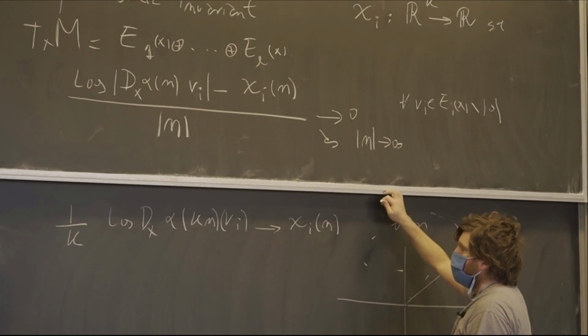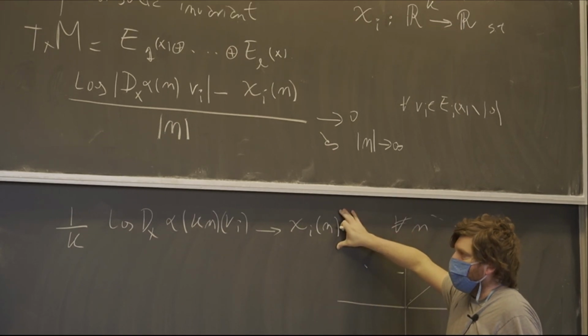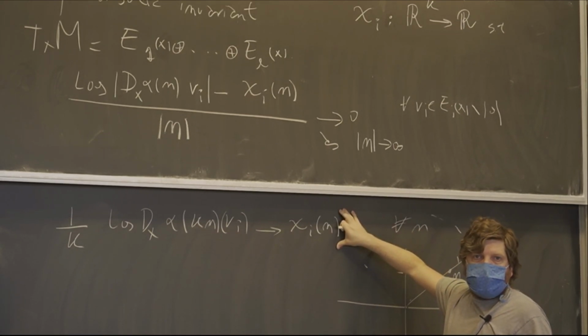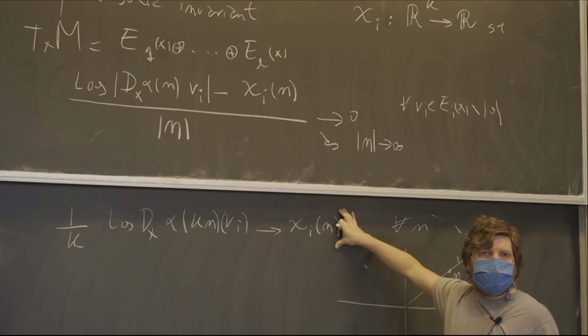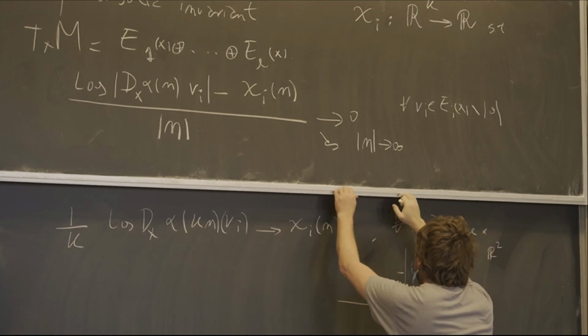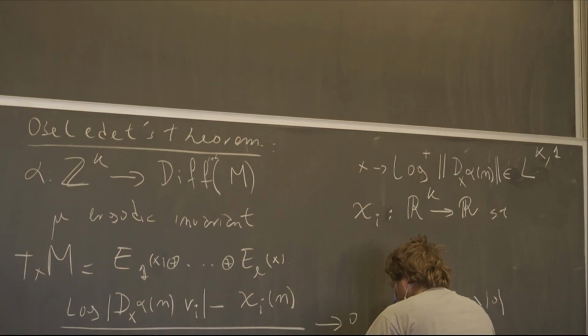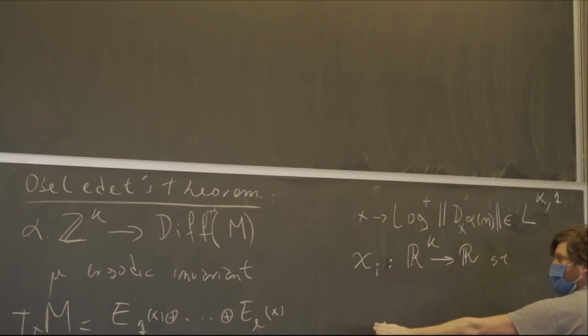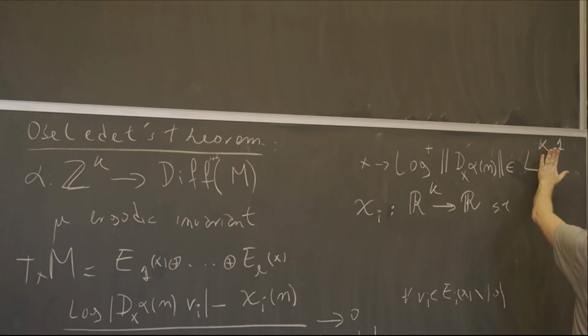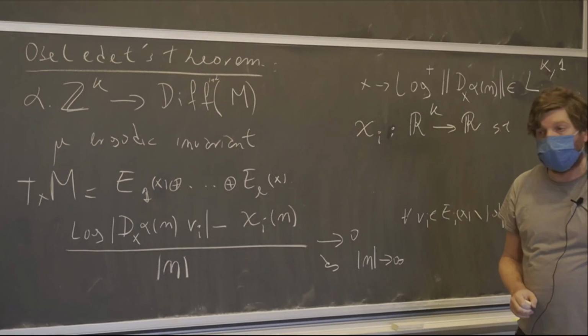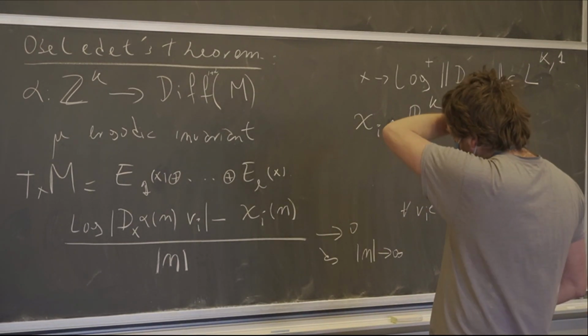And so for this property, you just care about L1. So you don't need more than L1 for this. And there is a lot of things you can just do with this property. But if you want better than this L1, than these previous things, and you want something like this, that's the reason you want a little bit more on the cocycle.